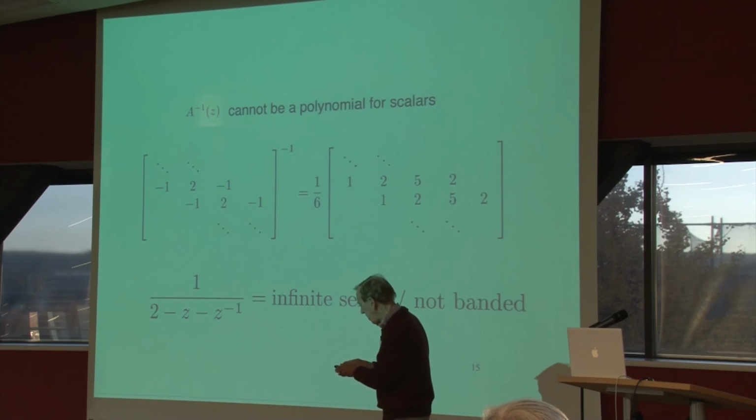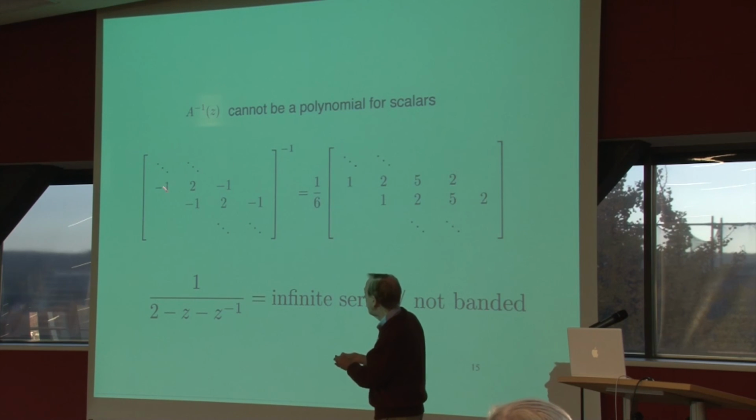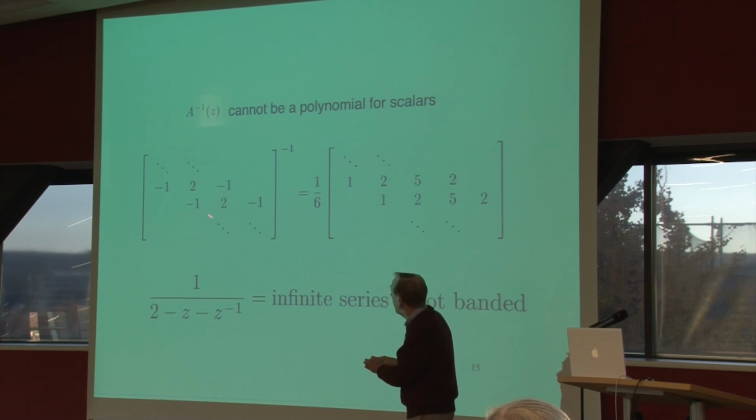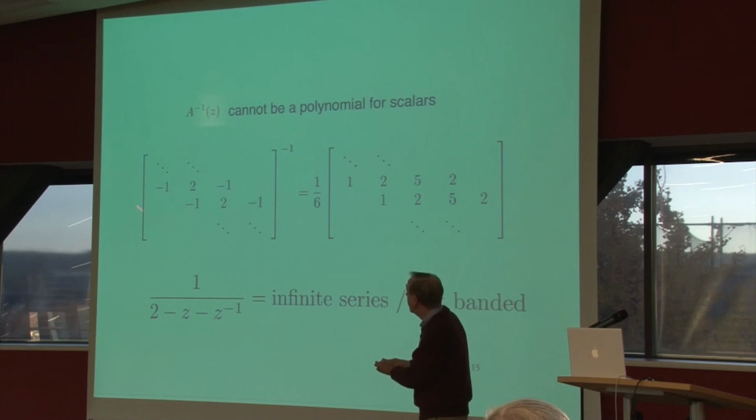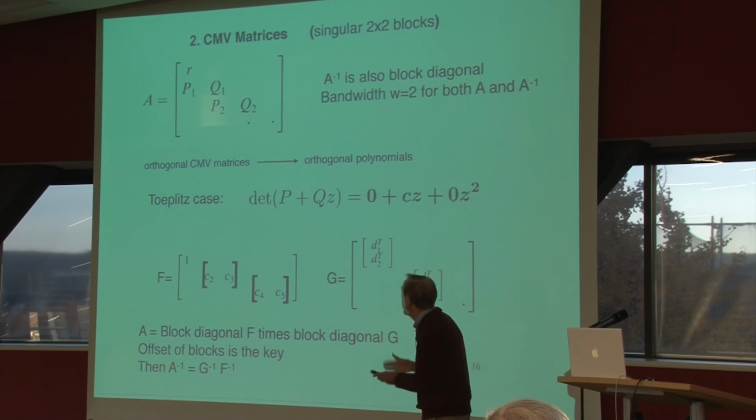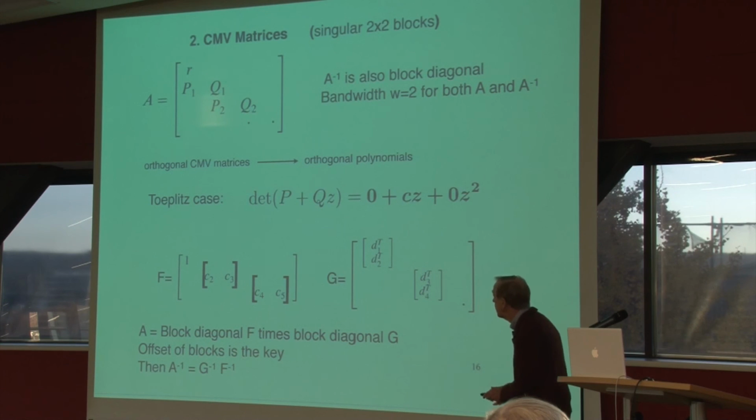Those simple filters, that matrix comes from a simple averaging filter. Or maybe that's a high pass filter. Yes, that's a high pass filter. The inverse of that matrix will be full, no good. So let me continue. Here's the key idea.